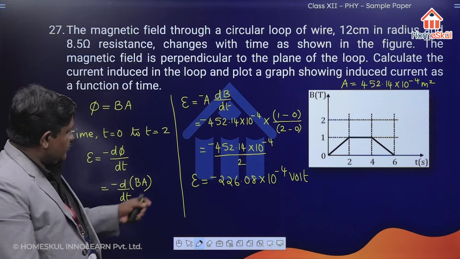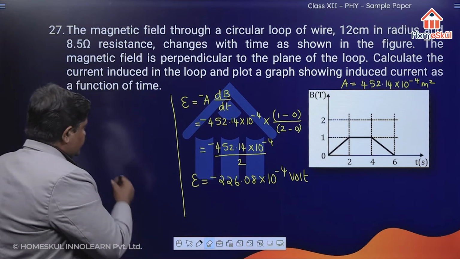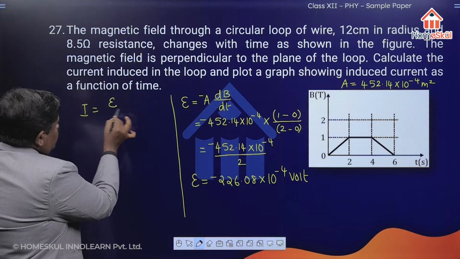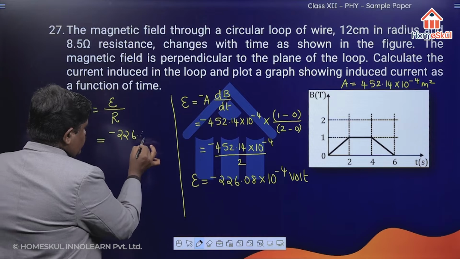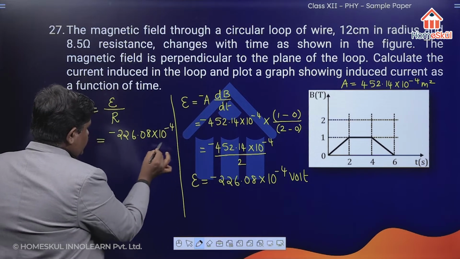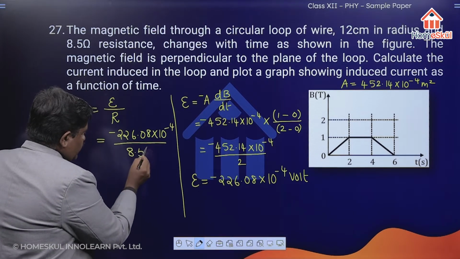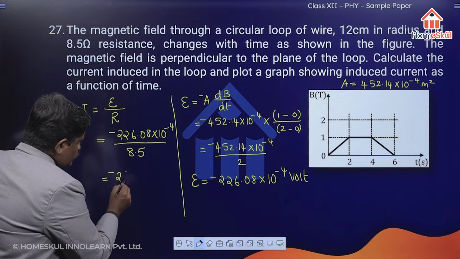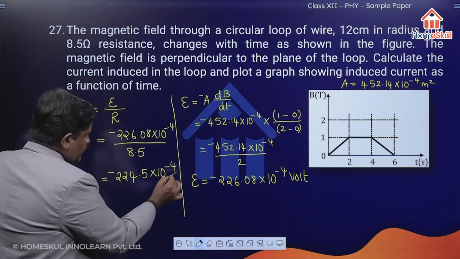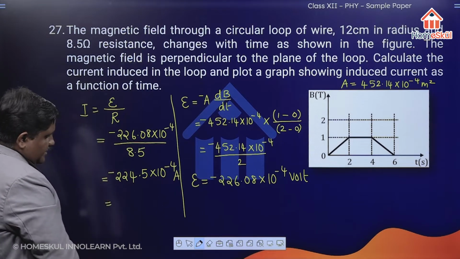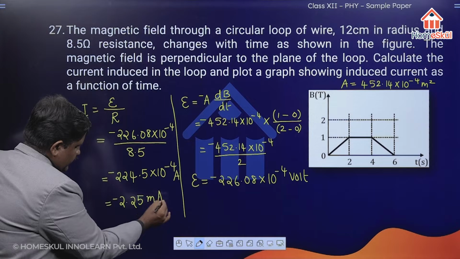Now we are going to calculate the current in the time interval t equal to 0 to t equal to 2. So current I is equal to EMF by resistance. EMF is minus 226.08 × 10^-4 divided by the resistance, which is given as 8.5 ohm. That is equal to minus 224.5 × 10^-4 ampere, which can also be written as minus 2.25 milliampere.